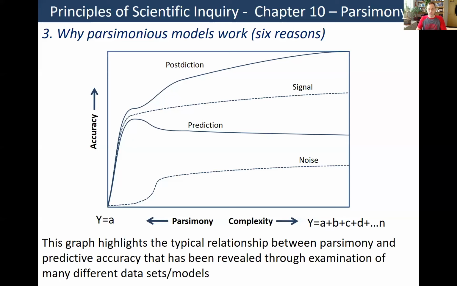We wish to do a test on a sample of individuals for our drug test, and then we wish to know with some high level of probability whether that test will reflect how that drug will work in the rest of the community, the individuals that we have not yet examined. So prediction is typically the goal, and what we can see here is that prediction peaks with relatively simple models.